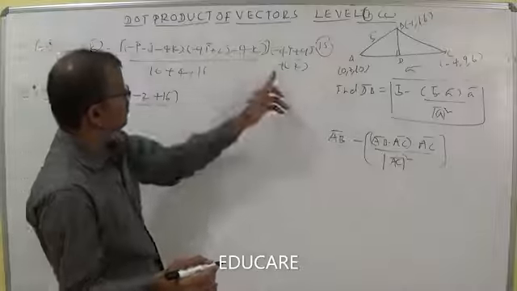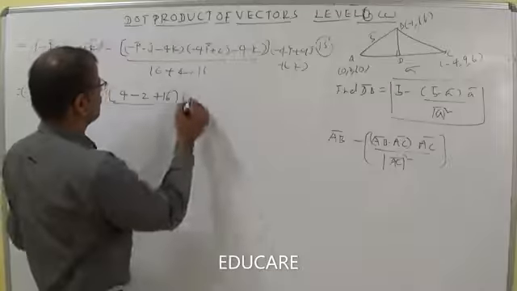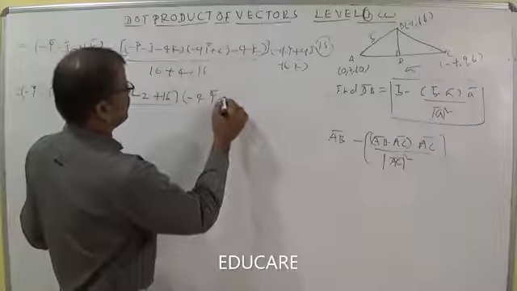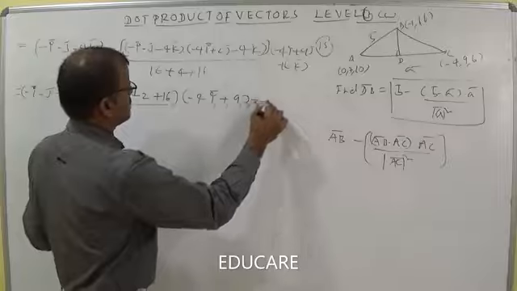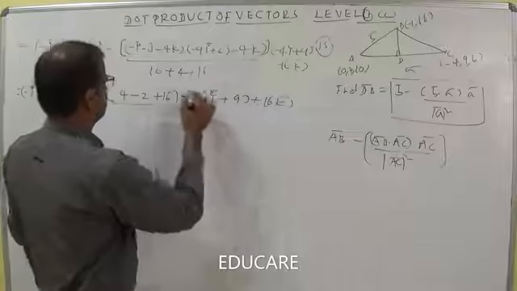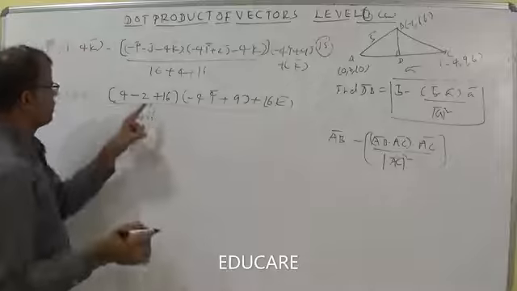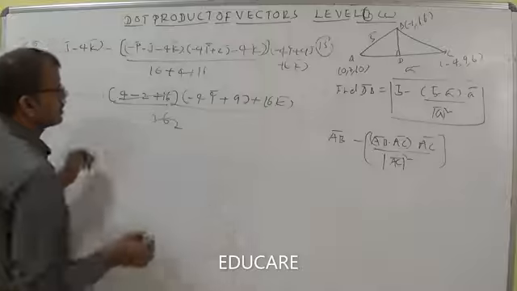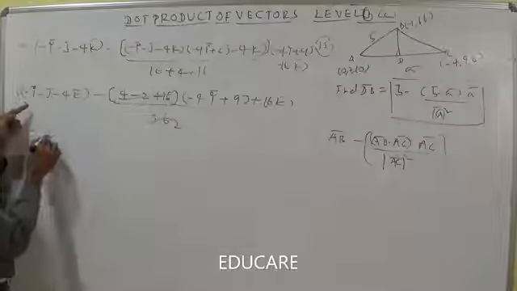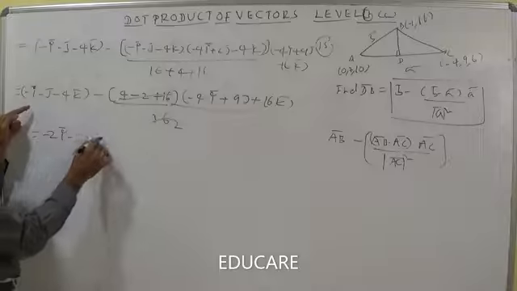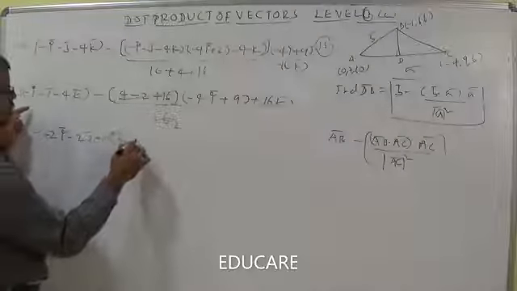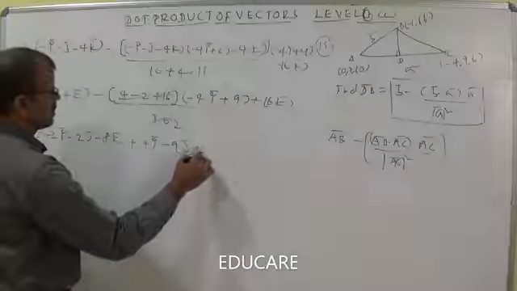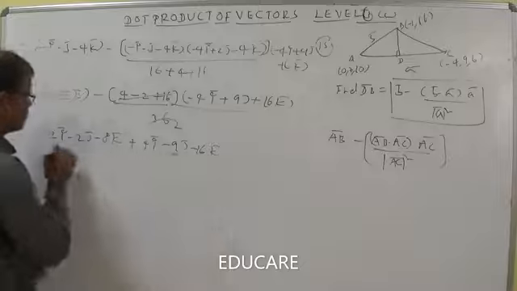Whole by the component AC square: now we got 16 plus 4 plus 16, into again the vector AC, which we should write as minus 4i plus 9j plus 6k. That is equal to minus i minus j minus 4k, put a bracket, whole by 36. Here 16 plus 4 is 18, and 18 will be cancelled in 2 times. So that is equal to minus 2i minus 2j minus 8k plus 4i minus 9j minus 16k whole by 2.